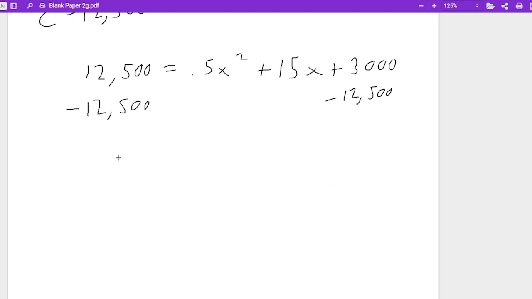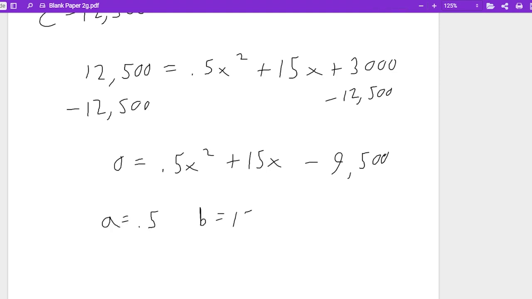Now we have 0 equals 0.5x squared plus 15x minus 9,500. And then once again, we're just going to use the quadratic formula where a equals 0.5, b equals 15, and c equals negative 9,500.